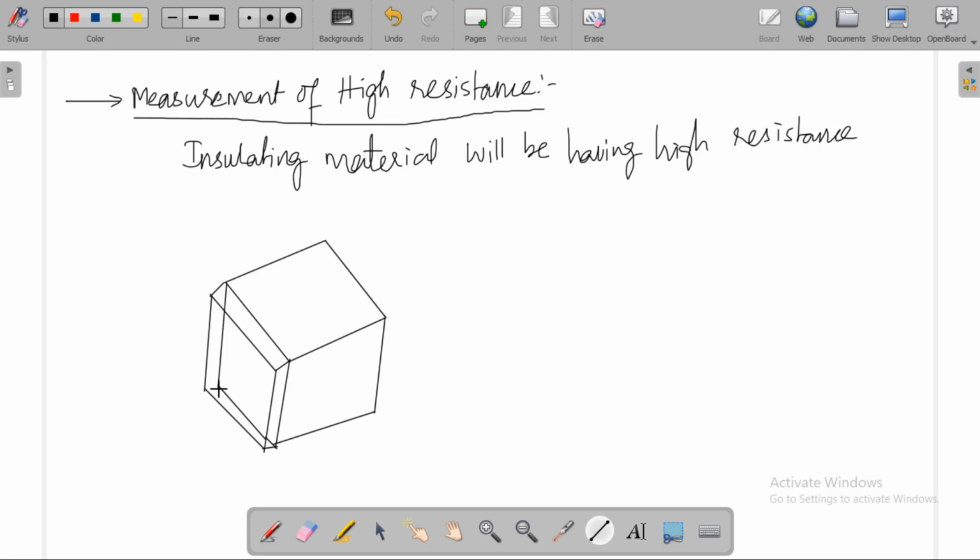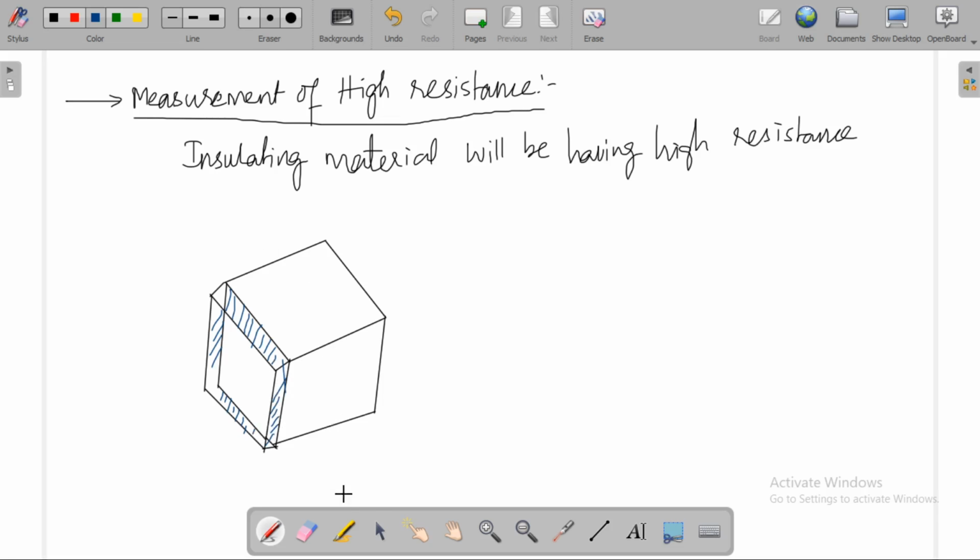This is the conducting plate, connected to this insulating material.